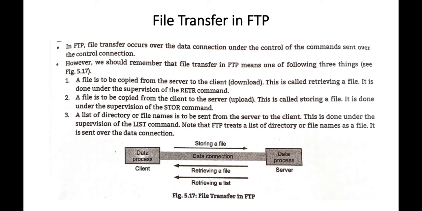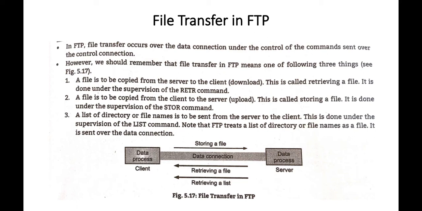Retrieving the list means the server sends the list of files or the list of directories to the client. Whatever the list of directories or files is, it is one file that can be transferred from the server to the client. For that we use the list command. This is the process for the data connection.